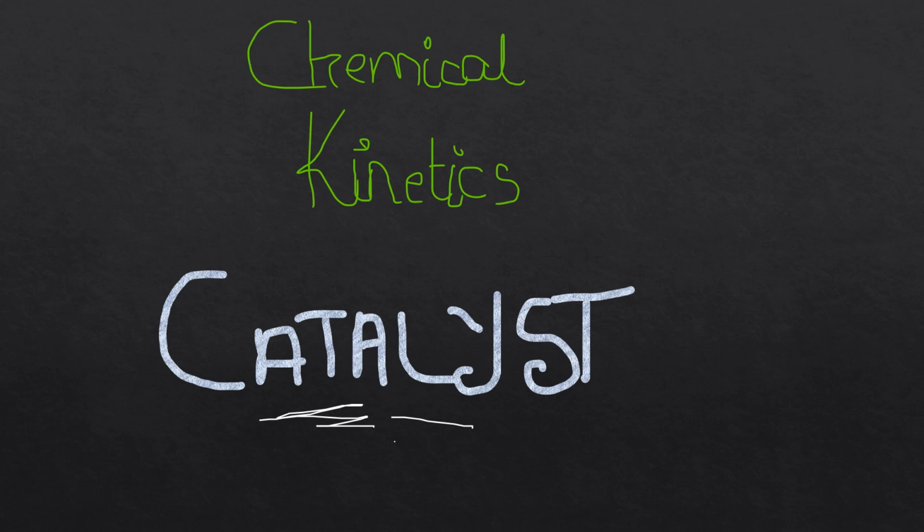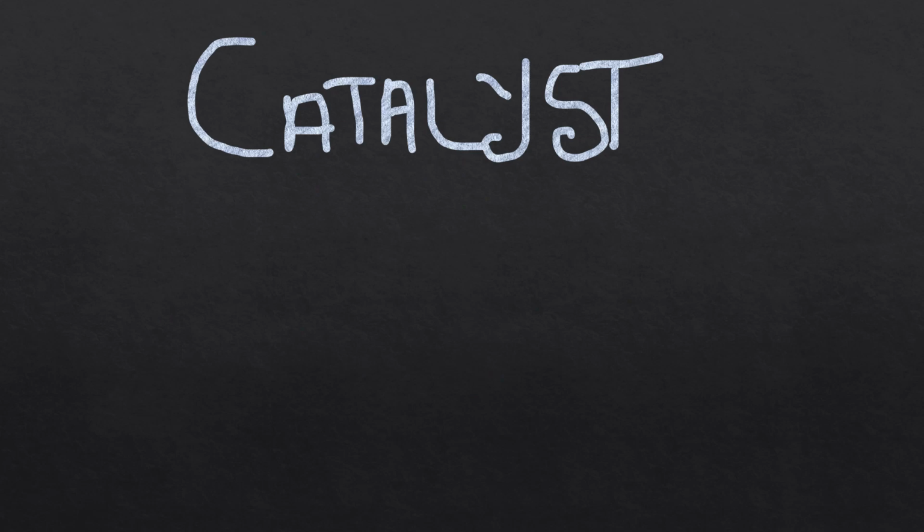The catalyst is basically of two types. Before moving to the types of catalyst, let me show you how a catalyst works. Just suppose that we have a reactant A plus another reactant B that react and become a product, that is AB.